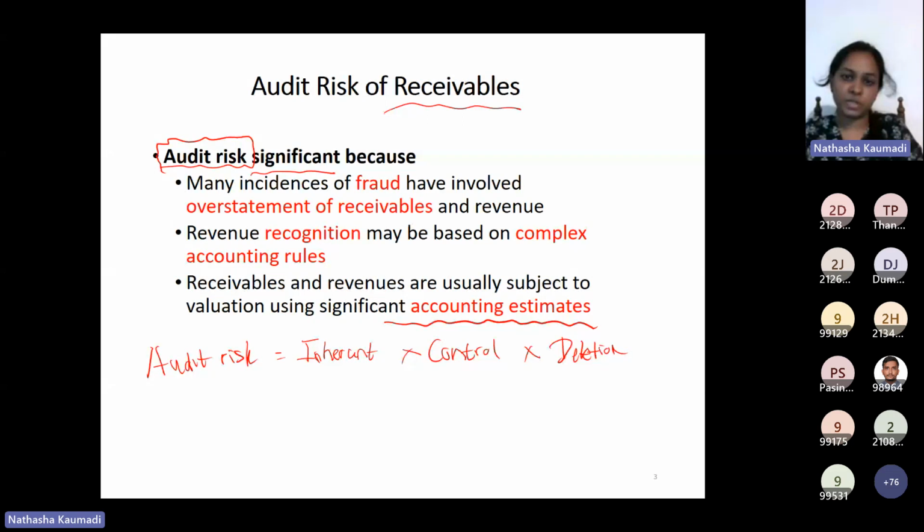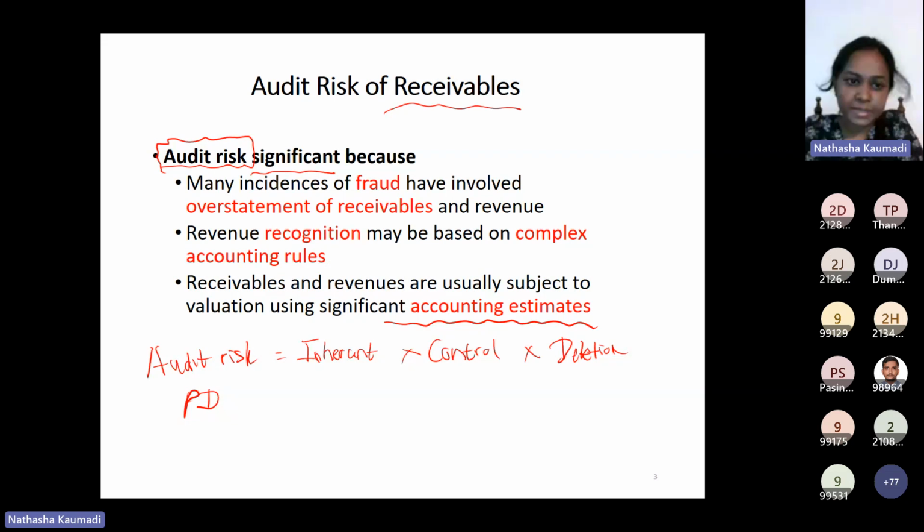Now, when it comes to ECL computation, you have probability of default. So, people who are in audit firms, you know these things, probability of default, PD. So that is an assumption. You have to use several assumptions and come up with this percentage. So likewise, you are using so many estimates and assumptions. Because of that, those are not exact figures, so anyone can argue with those things. So that's why those areas are risky.